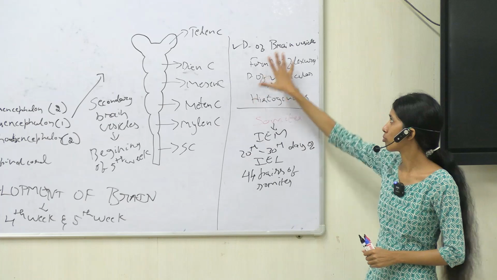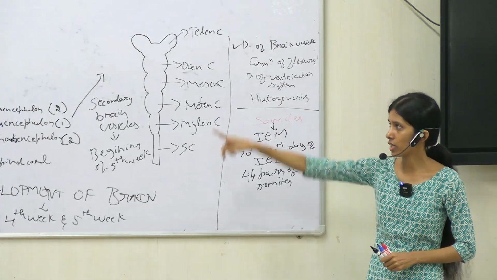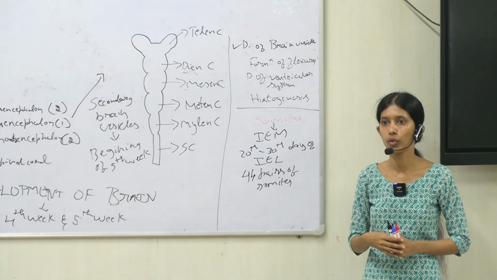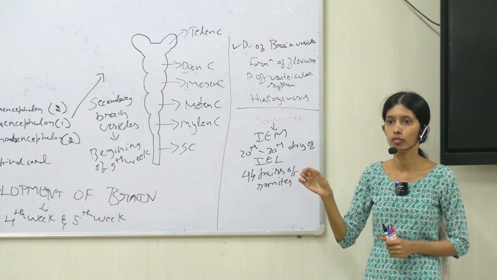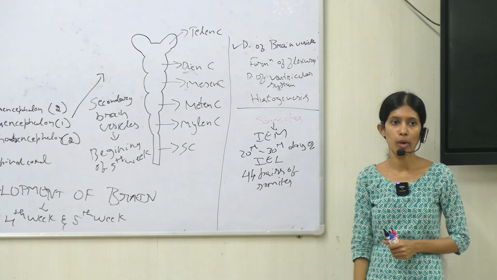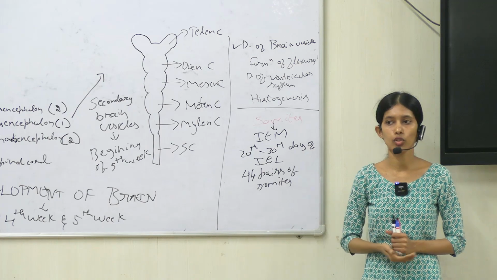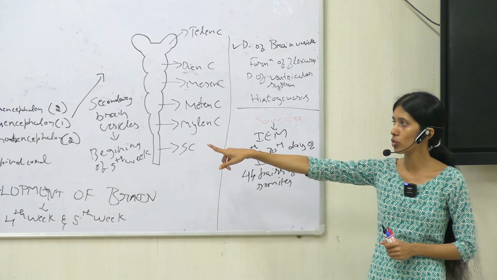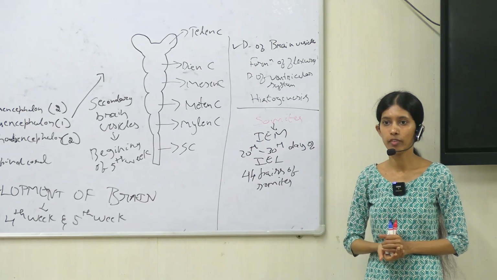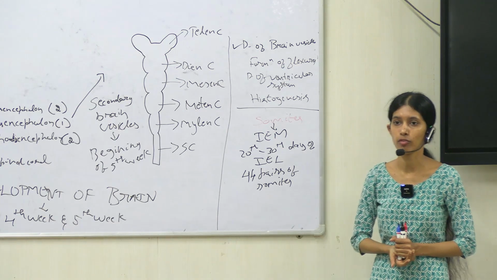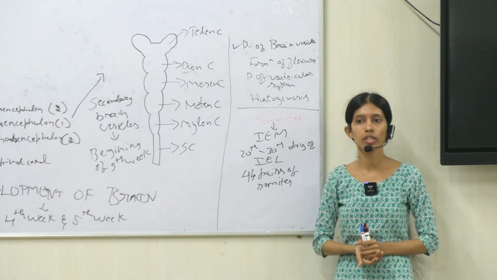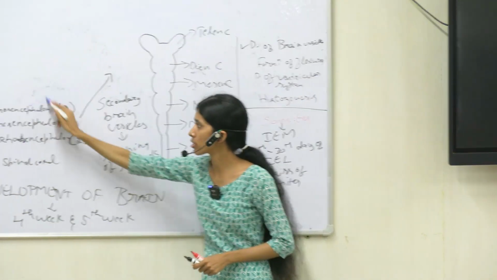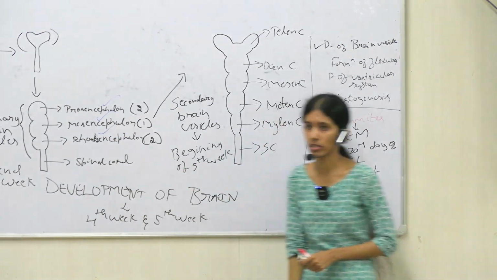So this shows the development of your brain vesicles. We started from the neural tube. Your neural tube is first present as a neural plate, and that neural plate will fuse first at the fourth somite level. Later it will give rise to your brain and spinal cord. The cranial enlarged part will give rise to three vesicles in the first place, called primary brain vesicles: prosencephalon, mesencephalon and rhombencephalon.